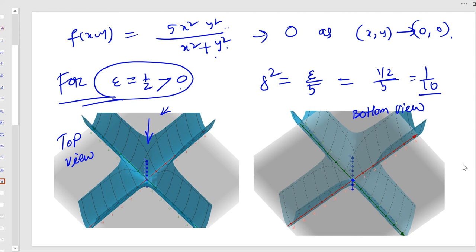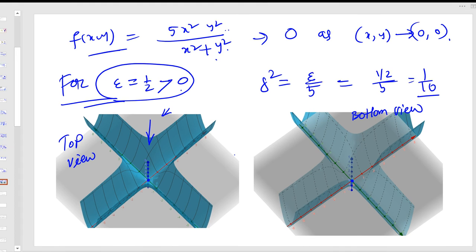So this function is not defined at (0, 0), but 0 is the limit for this function. So that's the geometrical interpretation for this limit. On Monday we'll look at some more examples and start from here. I'll stop here today. If you have any doubt, you can ask me.